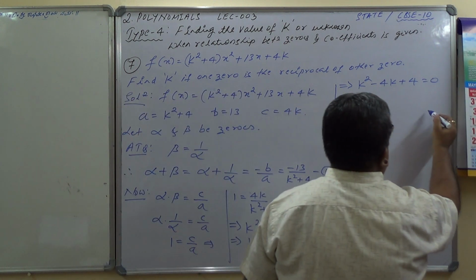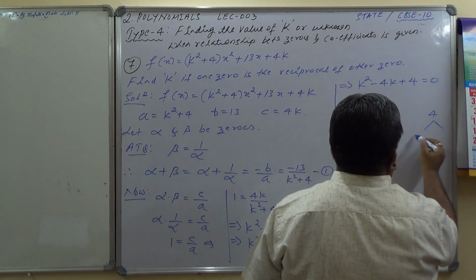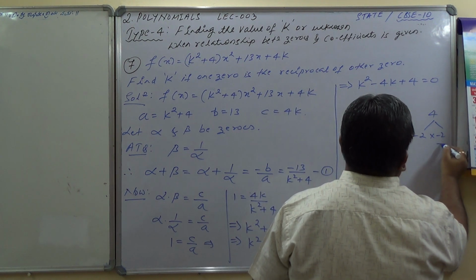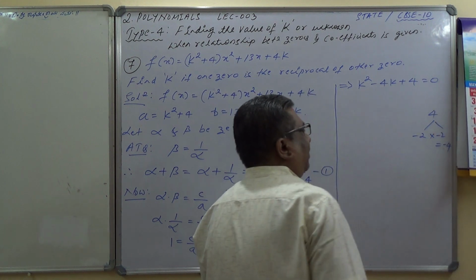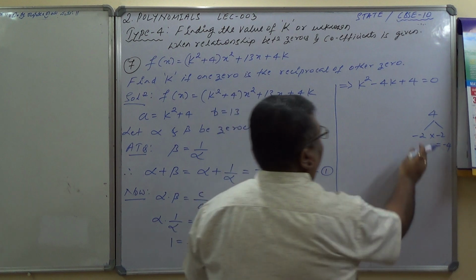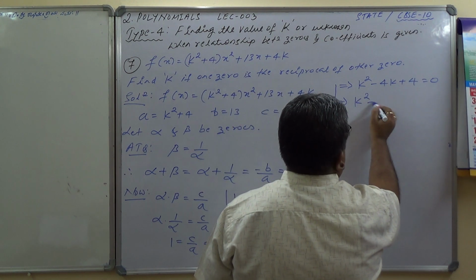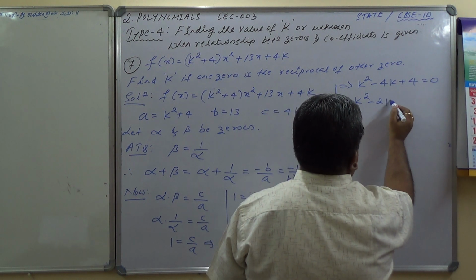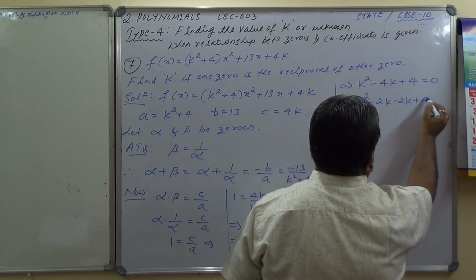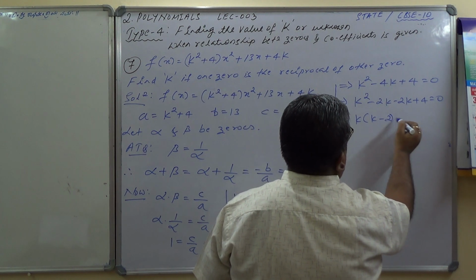I should get 4 here, and if I split the middle term, minus 2 into minus 2 equals plus 4. Yeah, it is possible. Minus 2 minus 2, minus 2 into minus 2 is plus 4. Therefore, it is possible. k square minus 2k minus 2k plus 4 equals 0.